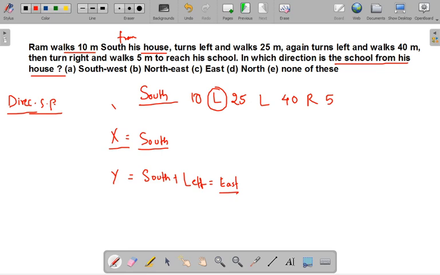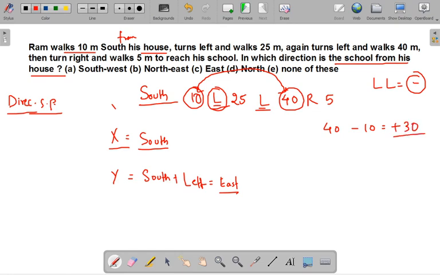For x, we will take the first and the third values, 10 and 40. The two directions in between are L and L, so we will subtract them. This will be 40 minus 10, which is plus 30. So x is plus 30.